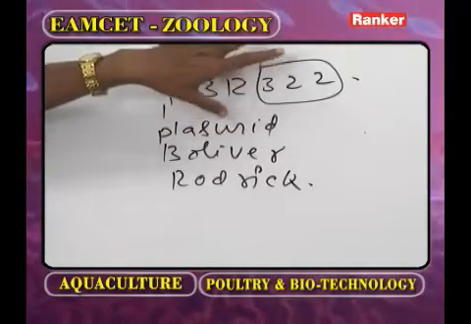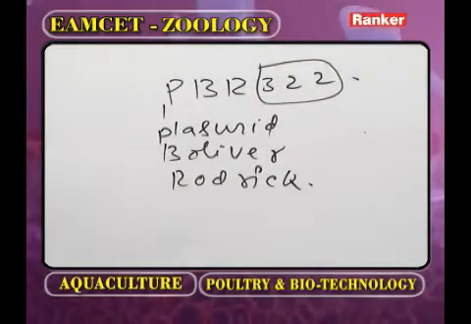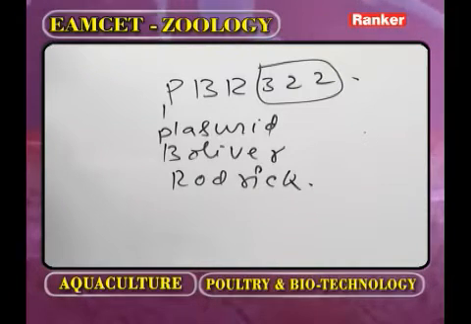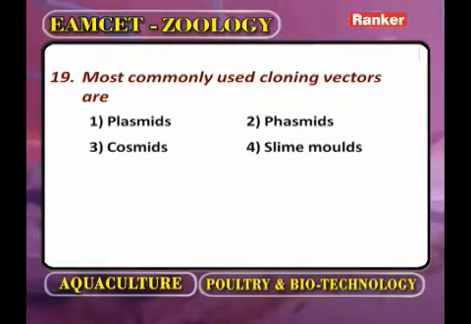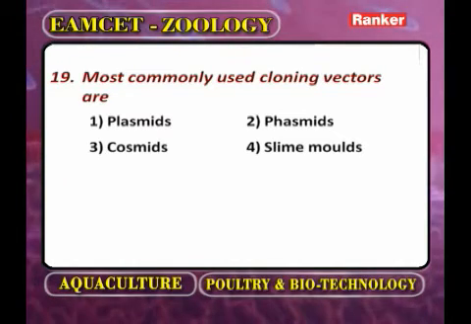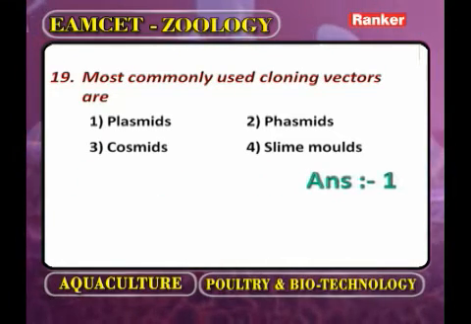So many plasmids are present, but pBR322 is the most popular vector. Along with the plasmid, we can introduce only a small fragment of DNA. Most commonly used cloning vectors are plasmids, phasmids, cosmids and others. Now, the next question.